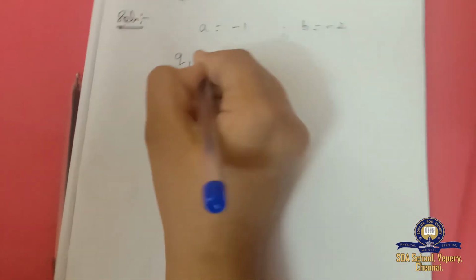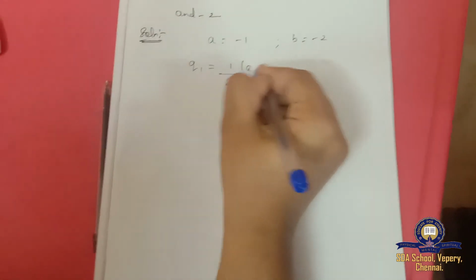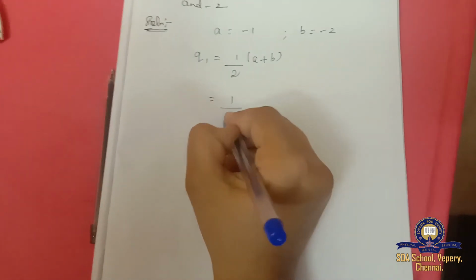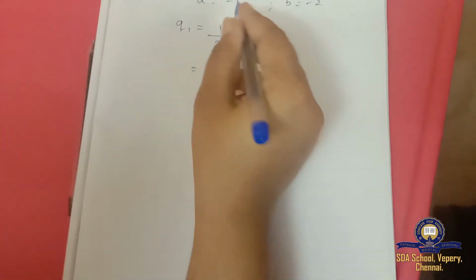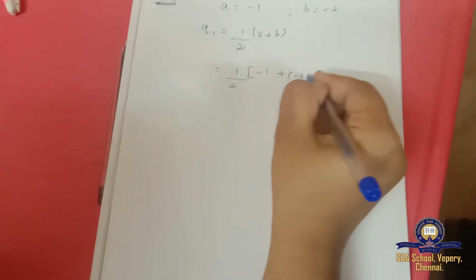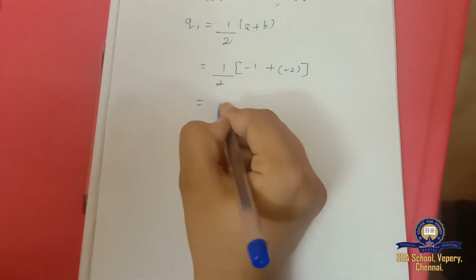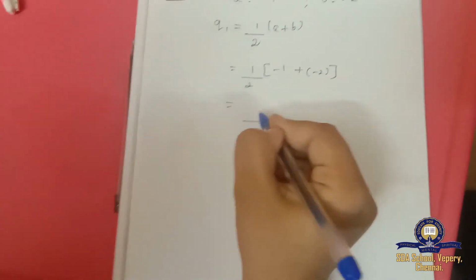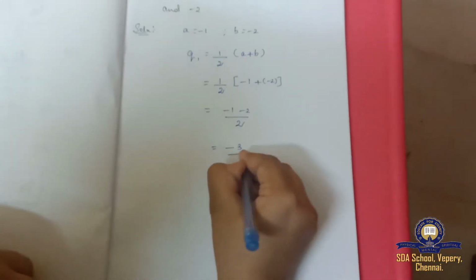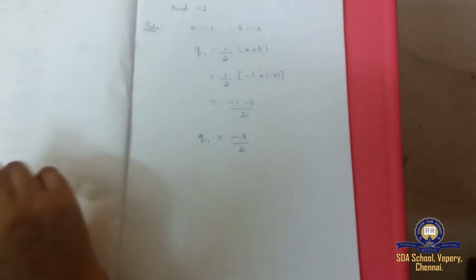The formula for Q1 is Q1 equals 1 by 2 into (A plus B). Isn't it? Then 1 by 2 into, what is my A? -1. Plus is there. What is my B? It is -2. Okay, we have to do it within the brackets only. Next step, opening of the bracket has to be done. Divide by 2. It is there. (-1 -2) by 2, which will give me -3 by 2. Therefore, Q1 equals -3 by 2. Then box it up.